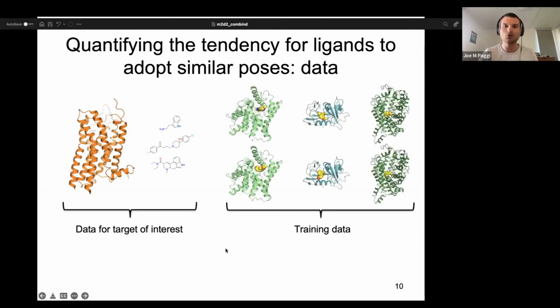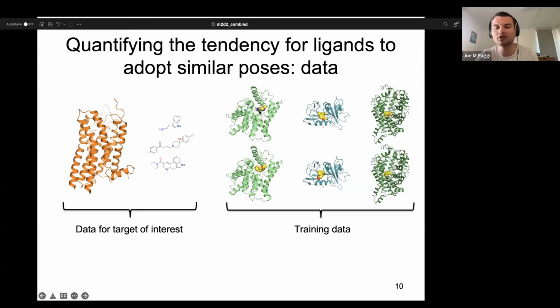So instead of training our model on the target of interest, we set up a data set composed of pairs of cases where you have the same protein co-crystallized with two different ligands. In total, we had a lot of pairs.